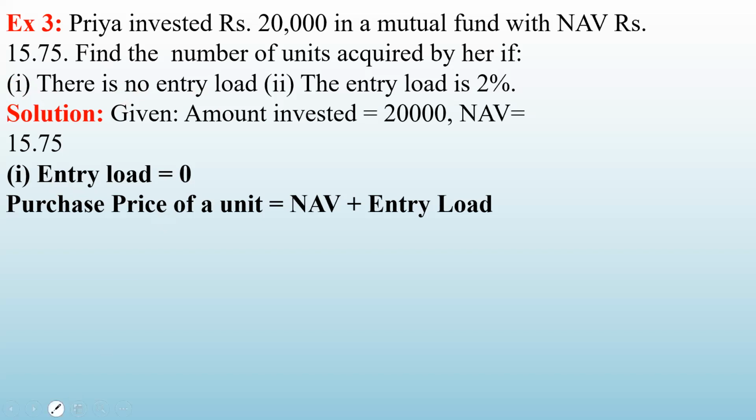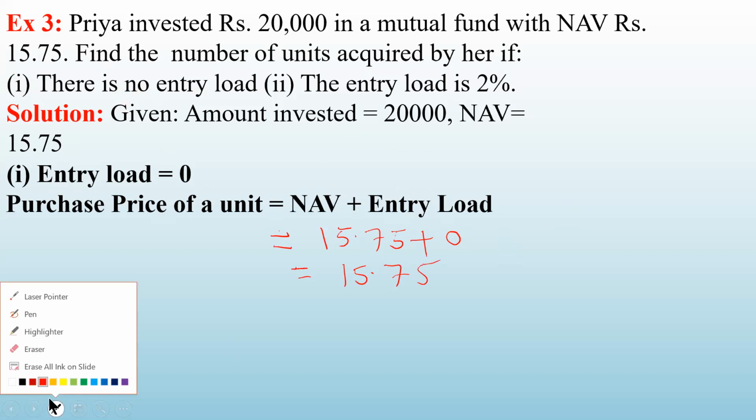So if the entry load is 0, what is the purchase price of a unit? It is NAV plus entry load. NAV is how much? 15.75 plus entry load is 0. So that means purchase price is how much? 15.75.